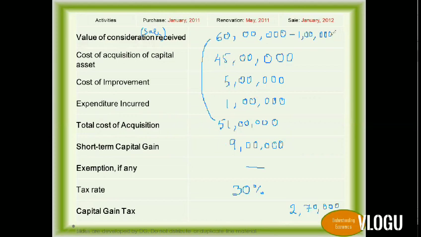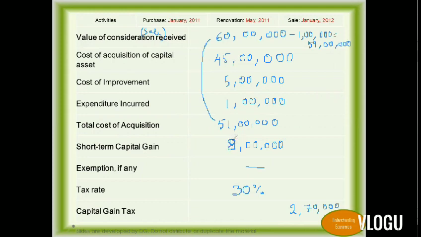So it will be 59 lakh rupees, the value of consideration received. Now in this case, the short-term capital gain will not be 9 lakh, it will be 8 lakh.